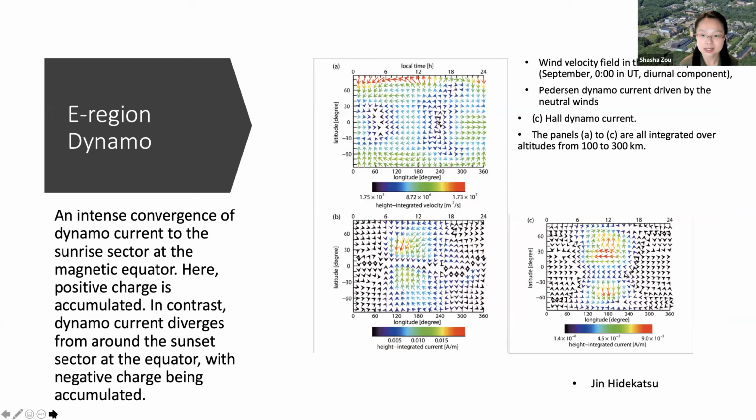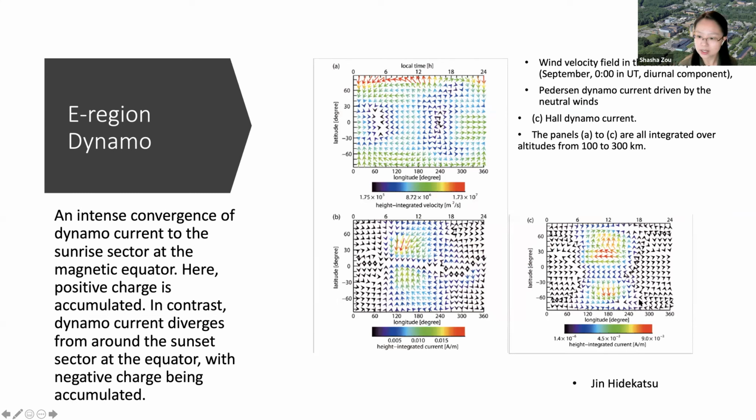Okay, so this is a simulation result. It shows you the height integrated velocity in this panel, and this panel shows the height integrated currents. All of them are global maps, okay?